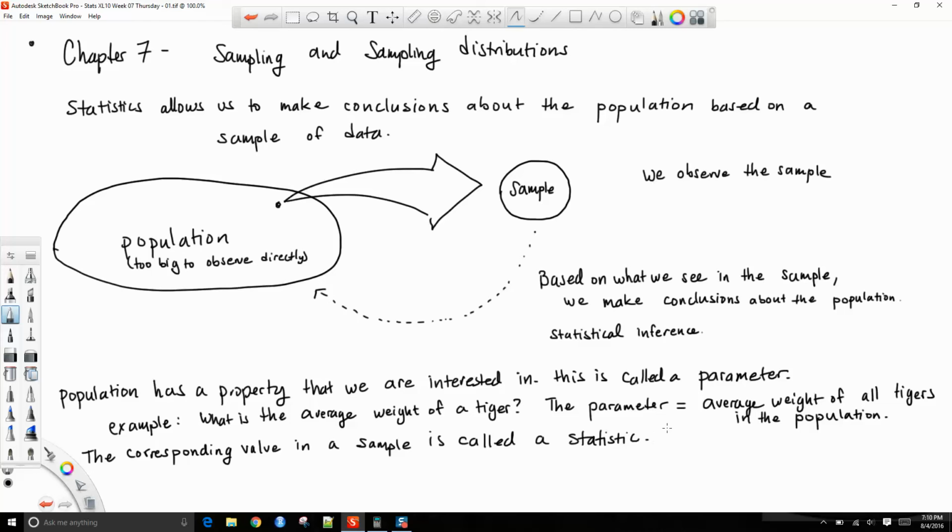So in our example, the statistic would be the average weight of the tigers in a selected sample.